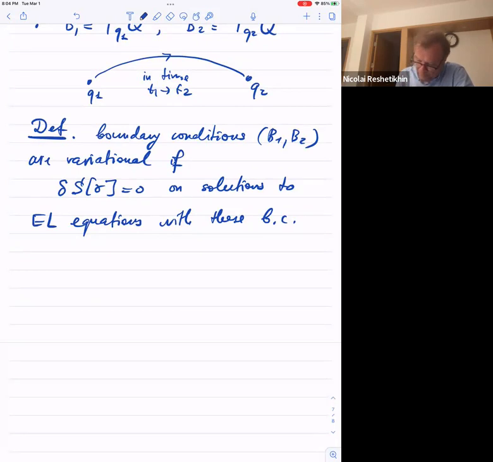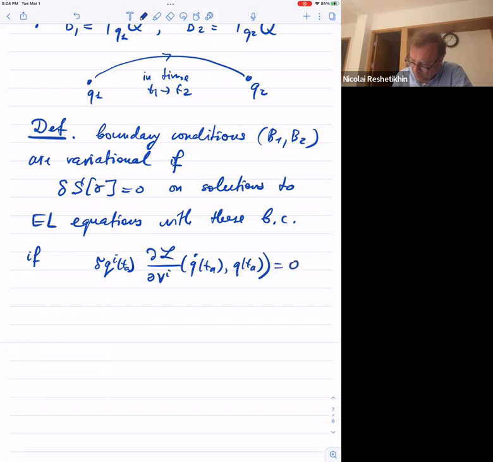So, in other words, if, in local coordinates, oh, sorry, this is the velocity at the point, this is the point, equals 0 for a equals 1 or 2.